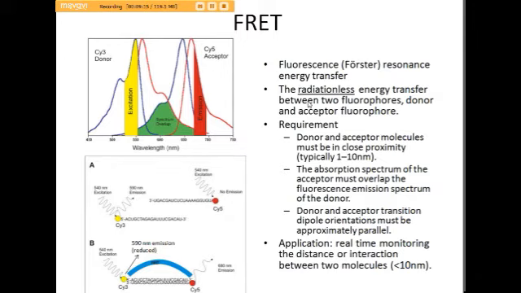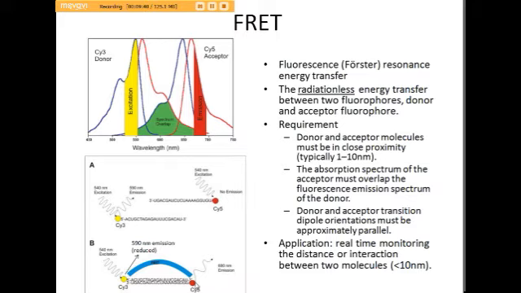It's a radiationless energy transfer. Cy5 will use this energy to be excited to the excited state, and then it generates an emission photon. So this is the emission light, characteristic of Cy5 emission. It will be 680 nanometer emission.